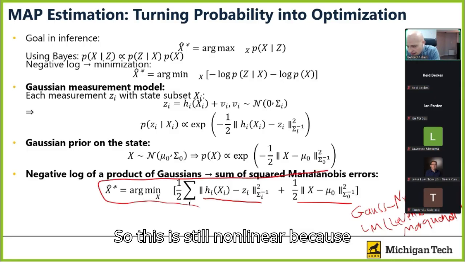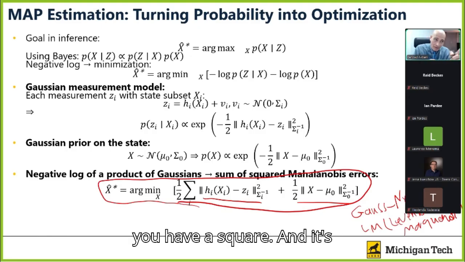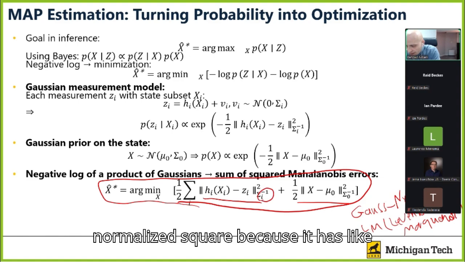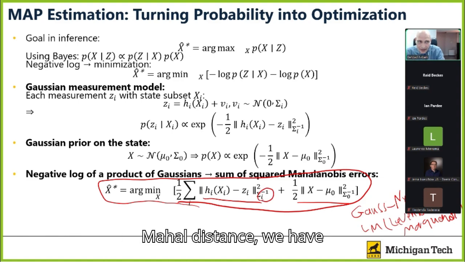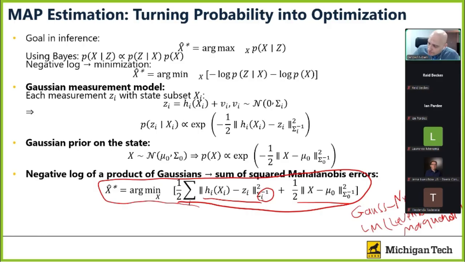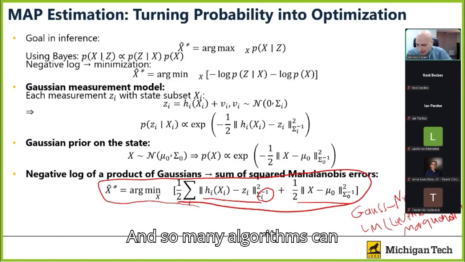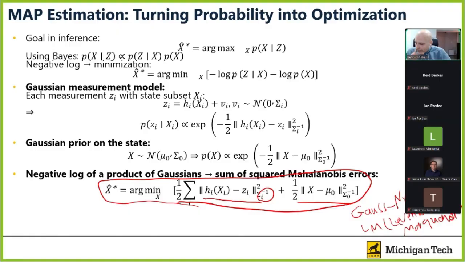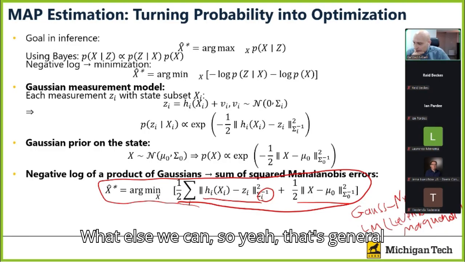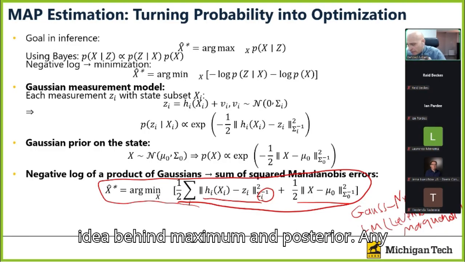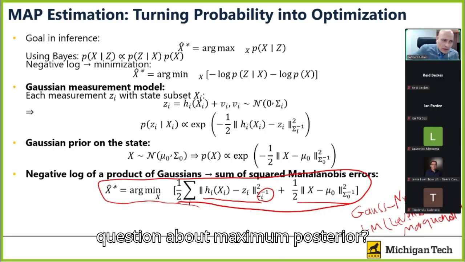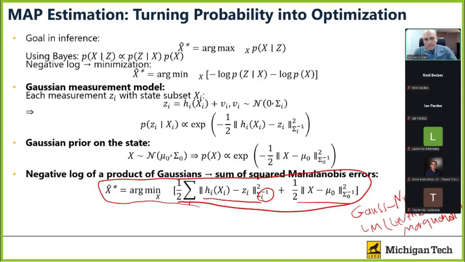So this is still nonlinear because you have a square, and it is a normalized square because it has the Mahalanobis distance. We have covariance involved, but it's a very well-known problem, and so many algorithms can solve that. So yeah, that's the general idea behind maximum a posteriori. Any question about maximum a posteriori?